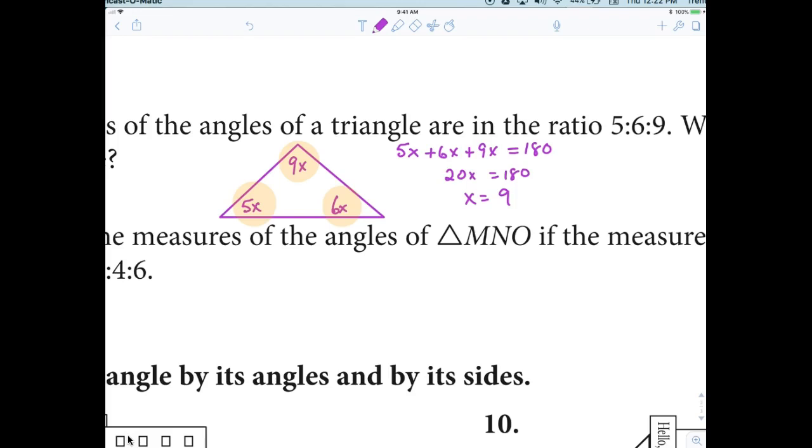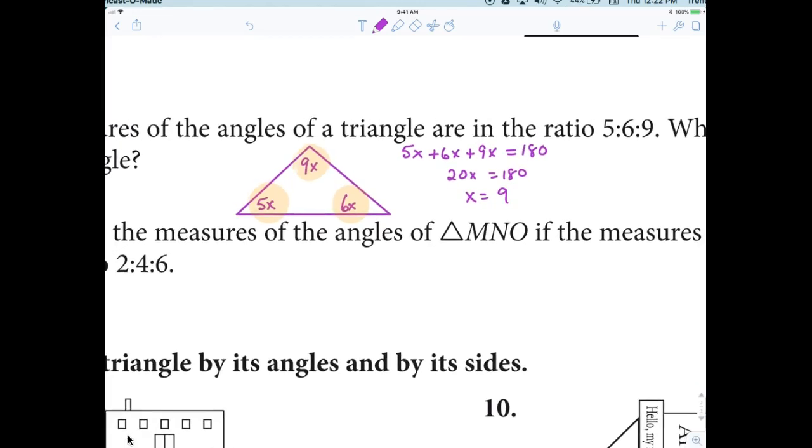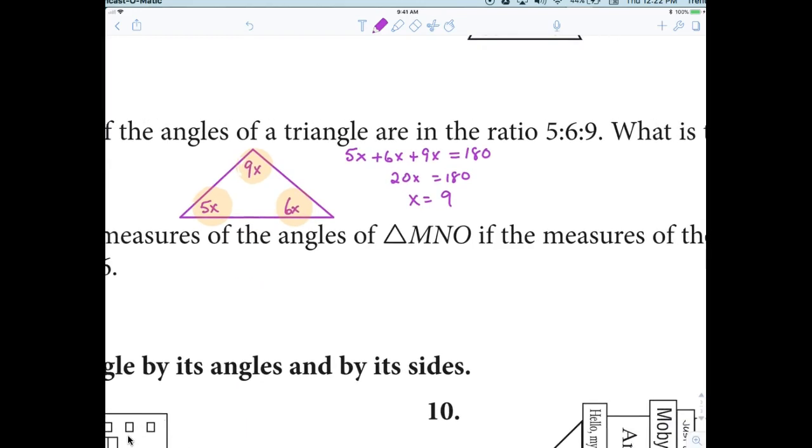All right. Here we go. So x is equal to 9. That still does not help me. So what are the three angle measures? 9 times 9, which is? You're not using your calculator for that. 81 degrees. All right, so we did the 9x. Now what are we going to do next? 6 times 9, that's 54.